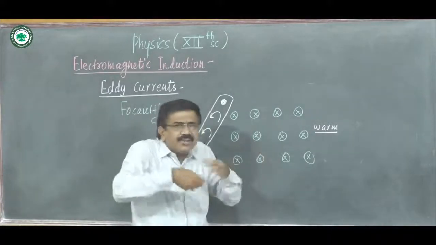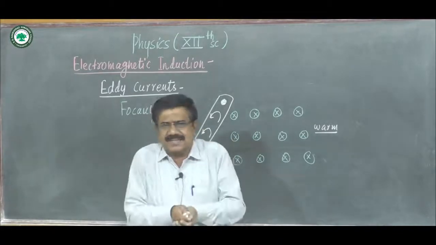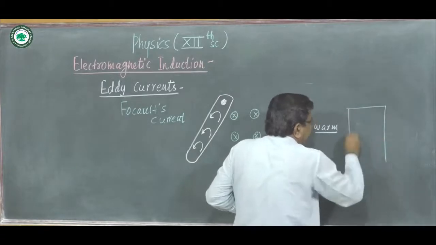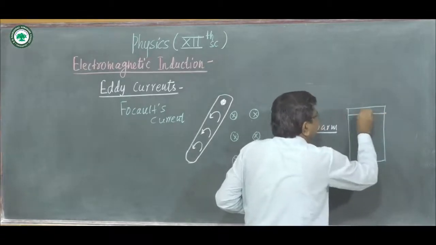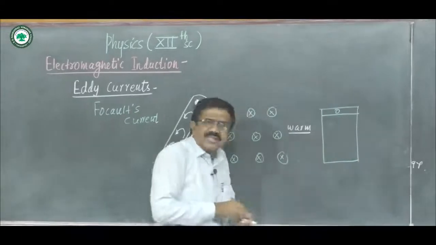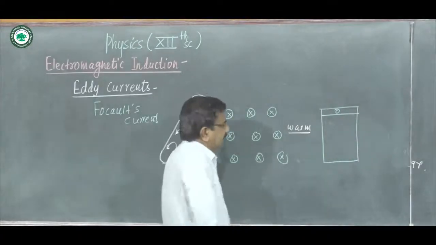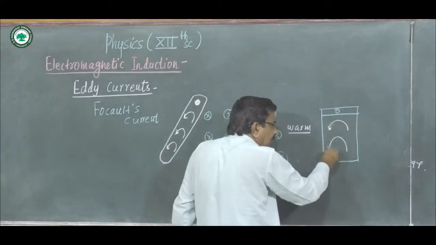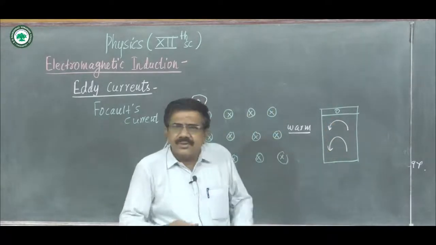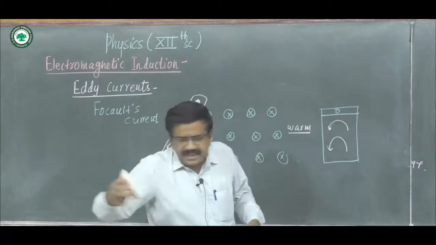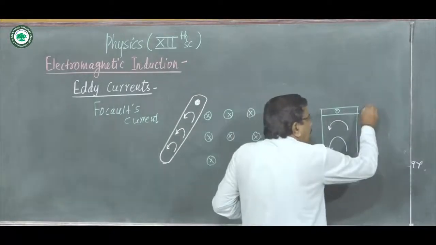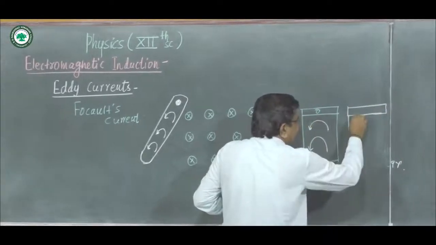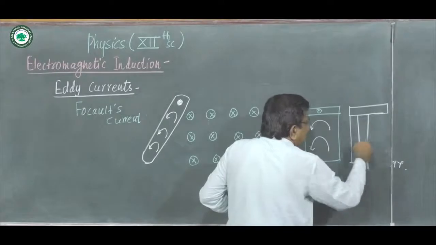Now if we have to reduce this effect of eddy currents, suppose this is the plate, it is fixed, and this plate oscillates in the magnetic field, and eddy currents are induced in it. If we have to reduce the effect of these eddy currents, some slots are made in this plate like this.